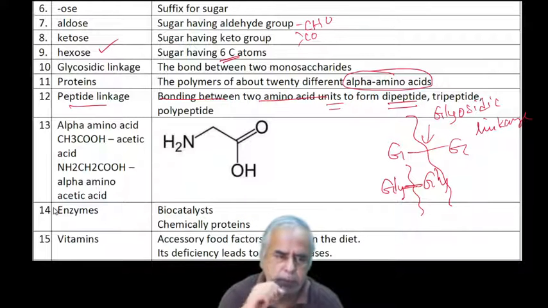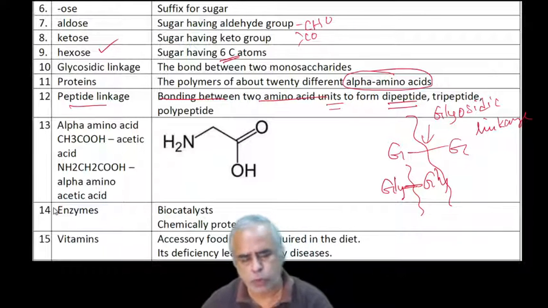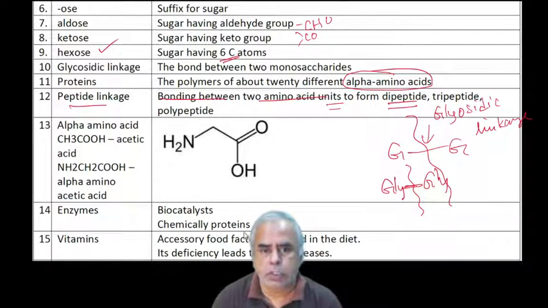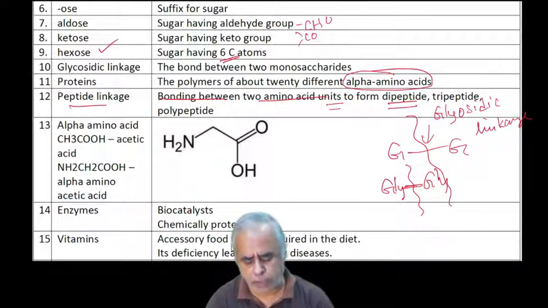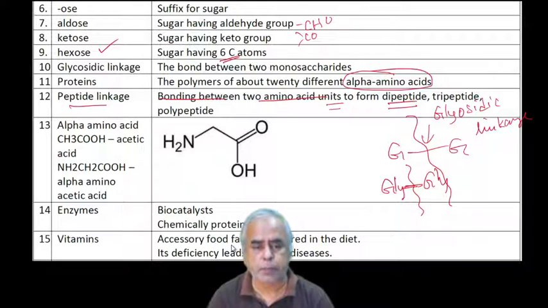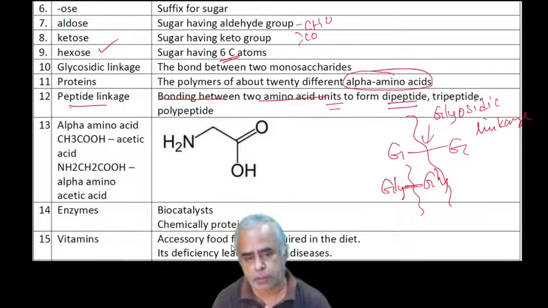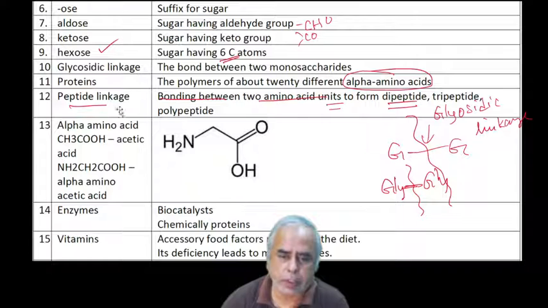So that is the very important thing, and that is why we make use of these enzymes very effectively in our day-to-day life in pharmacology, pharmaceutical chemistry, medical treatment, etc. And then vitamins, they are accessory food factors. They are required very much in the diet. Their presence may be the least, but its deficiency leads to many diseases, and that's why it's called vitamin deficiency. Okay.